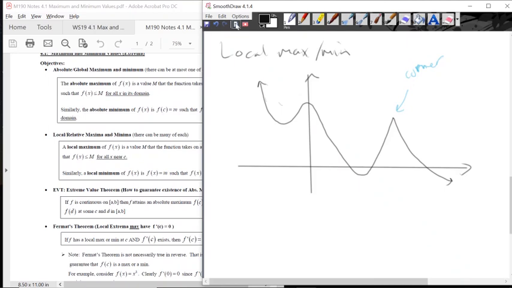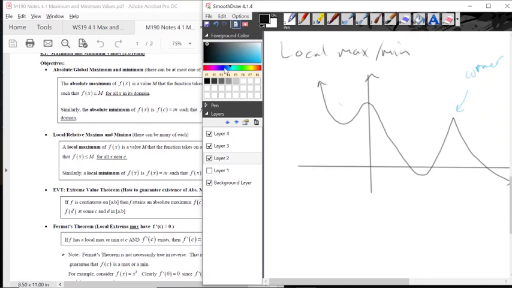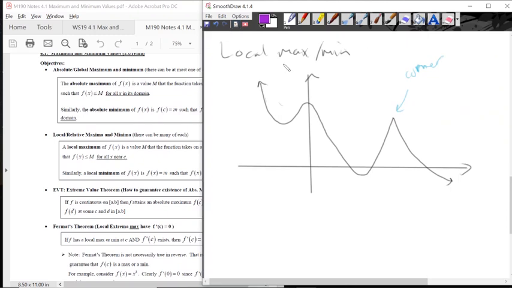Where on this graph might we have features like that? Let's choose purple for max here. There's a point here that looks like it is the highest point on this little hilltop. So that is a local maximum, not an absolute maximum. Notice there are higher y values over here, so it's certainly not the highest y value we can attain anywhere.